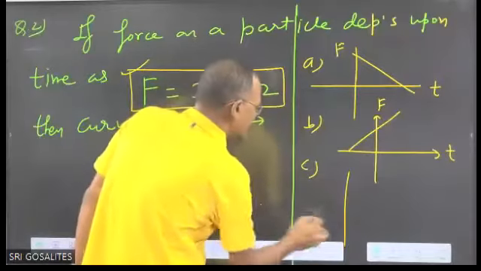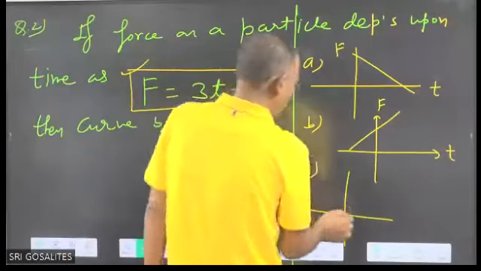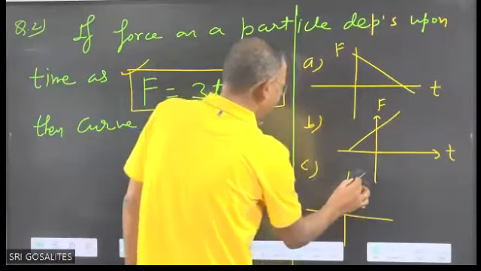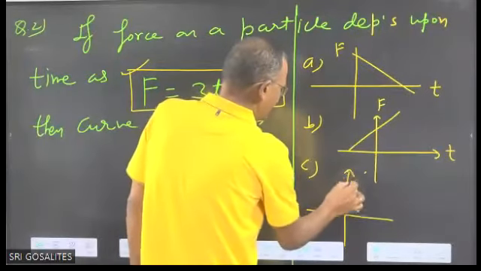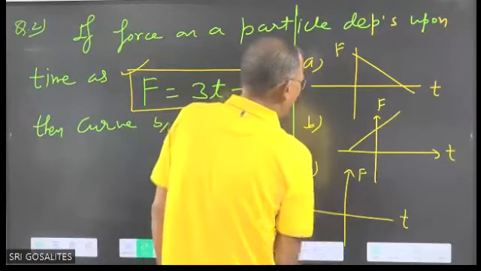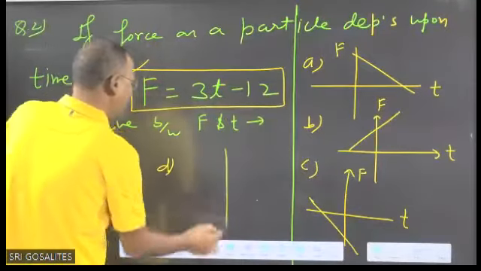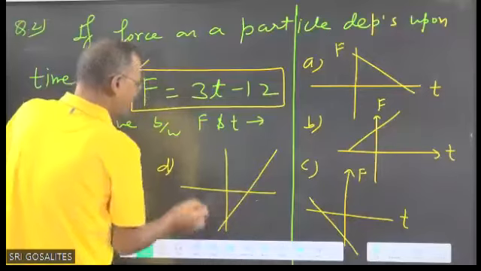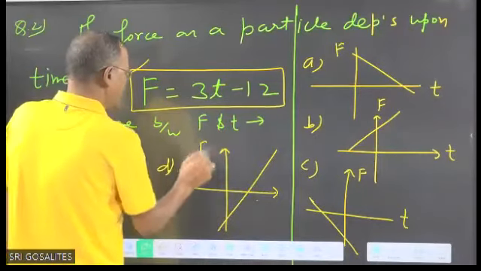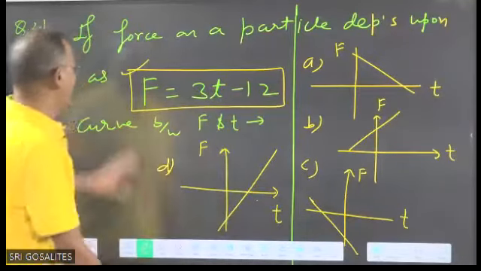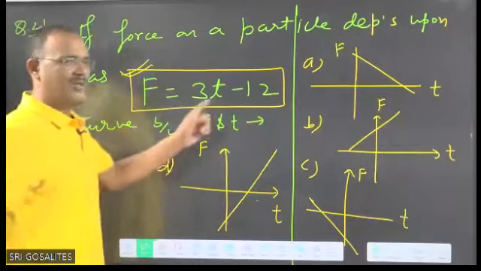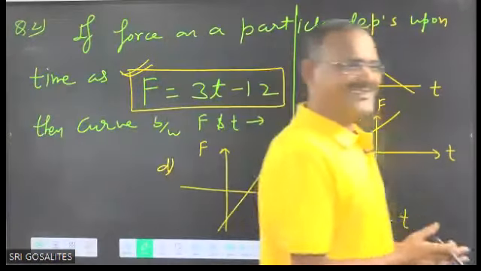Or it will be like this. One minute, one more option I have to create, or it can be like this. Which is the more correct representation of a force on a body depending upon time? Which is the right one?